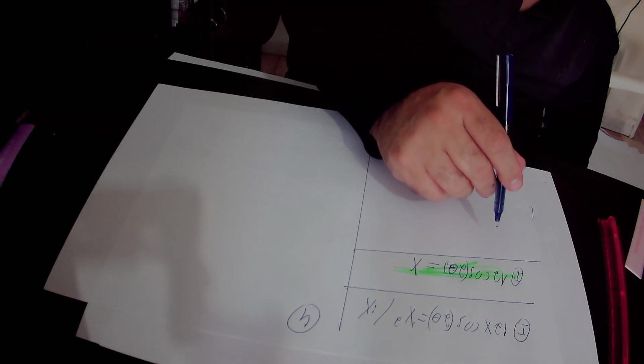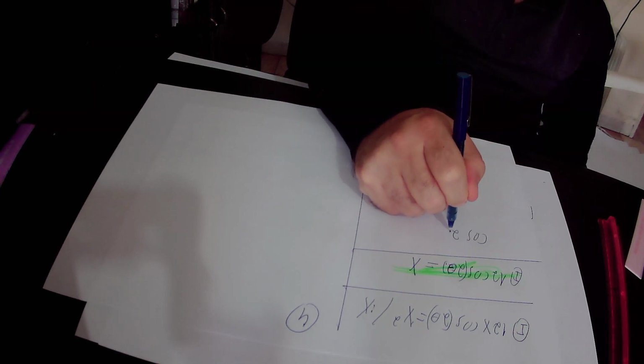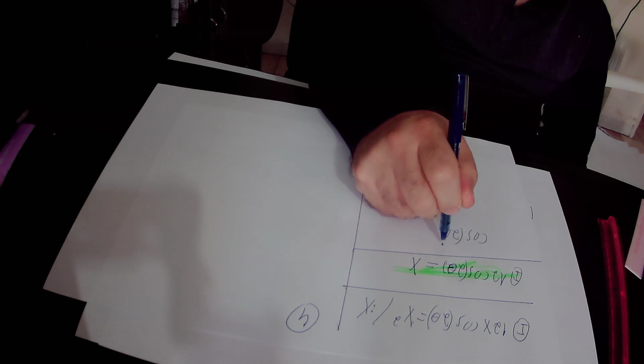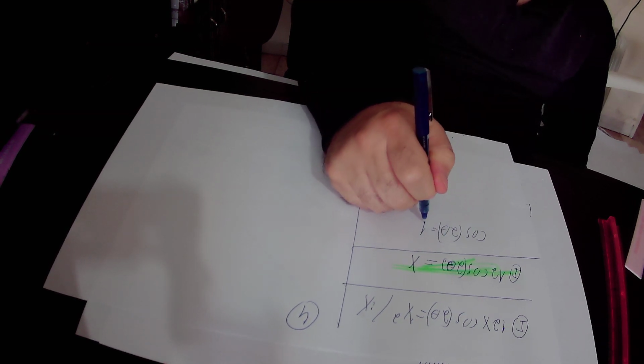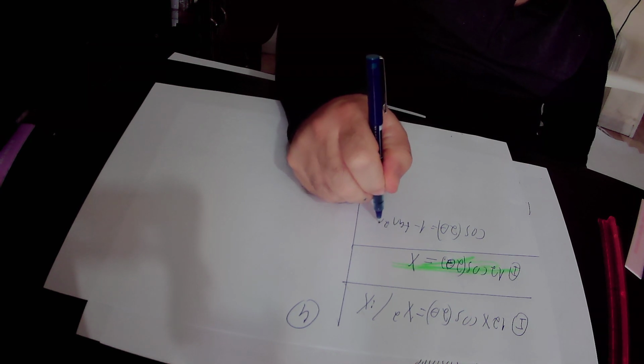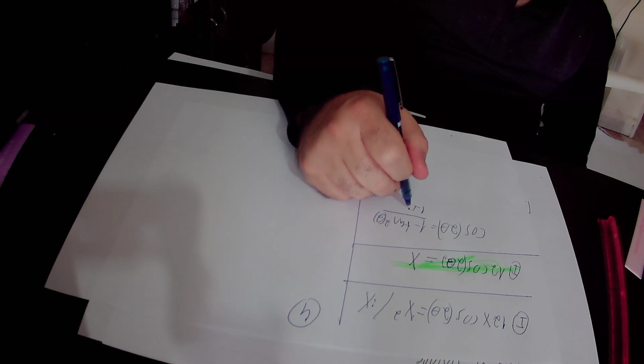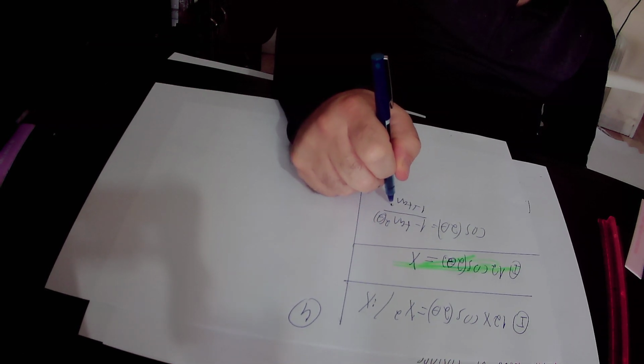Here, cosine 2 theta equals 1 minus tangent squared theta over 1 plus tangent squared theta.